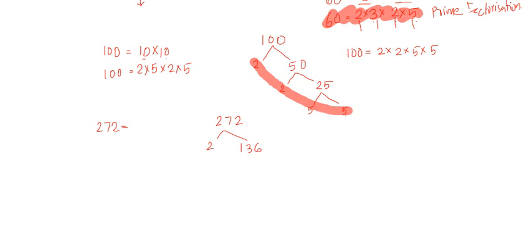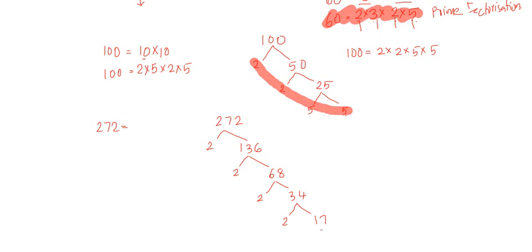Then again 2 I can divide it with, 68, again 2, 34, again 2, 17. I think 17 is a prime number, right? 17 cannot be divided by any other number.